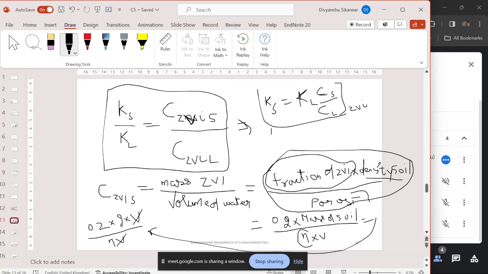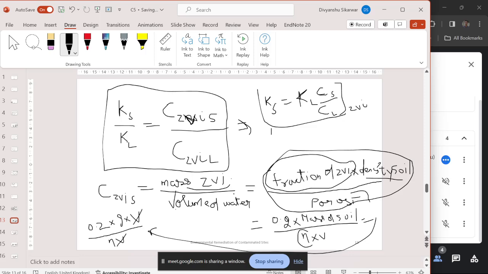We use the same thing: out of the total mass of the mixture, 20% of the PRV mass is NZVI. That gives us the mass of ZVI. So we know both the volume of water and the mass of ZVI.